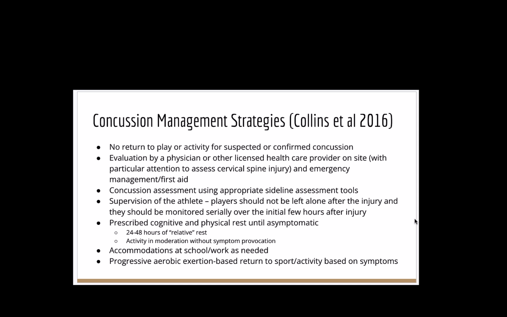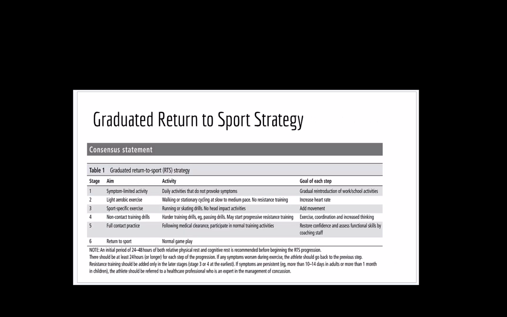Okay, and they may need accommodations, and we're going to get them back to aerobic-based activity first, sport-specific activity second, as their symptoms allow. Okay, here's a little bit of a table view of how they gauged the graduated return to sport. Everybody would technically go through this particular 6-stage process.